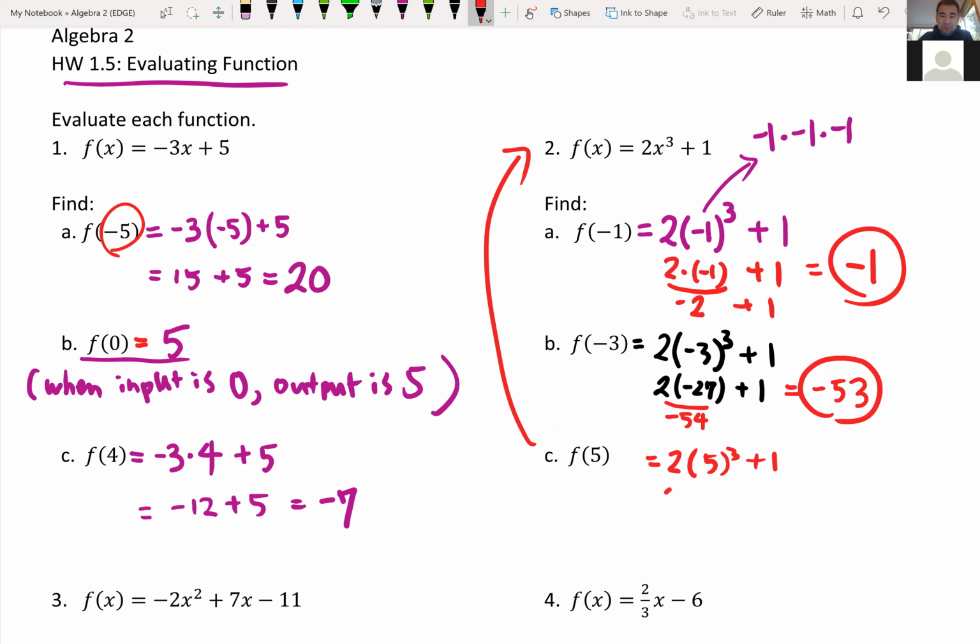So it's 2 times 125 plus 1. And 2 times 125 is 250, so it's 250 plus 1, 251. Did you guys get that?